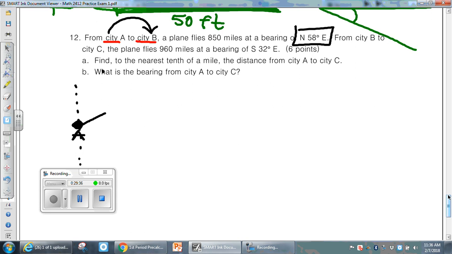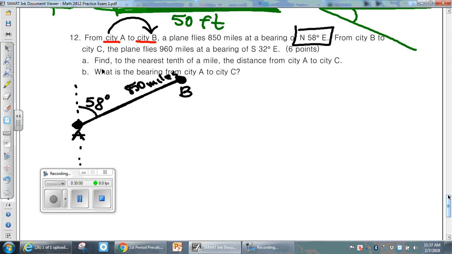So we're a little over 45. This angle is 58. And then it's 850, so the distance magnitude, if you want to think about it as a vector, 850 miles. So then it arrives at city B.